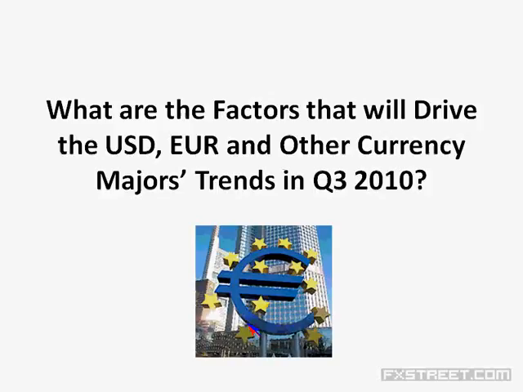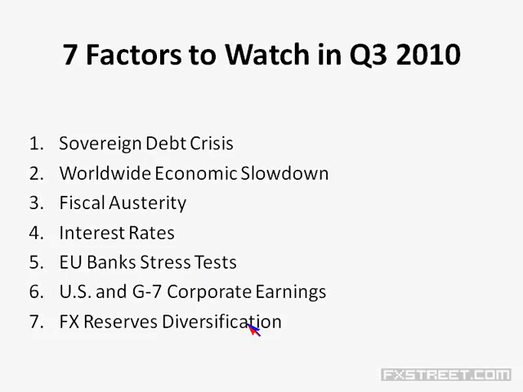We looked at the technical developments, and in my opinion, what we also need to find out and pay attention to are several major fundamental factors that, in my opinion, are going to continue to drive the trends for the major currencies in the third quarter. What are the factors that will drive these major trends in the third quarter?